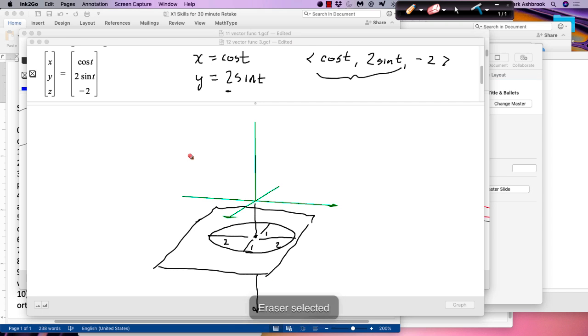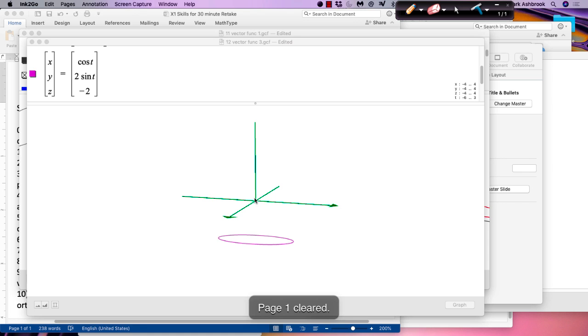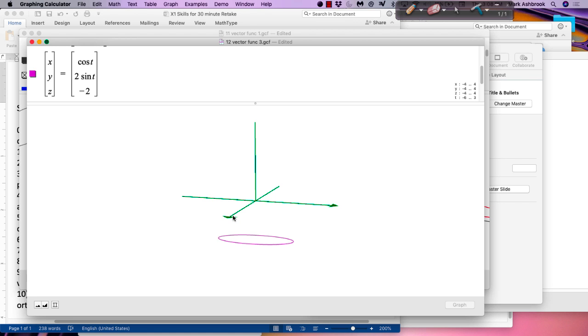Let's see. So there's my ellipse, 2 in the y, 1 in the x. It lives in z equals -2. Doesn't make sense.